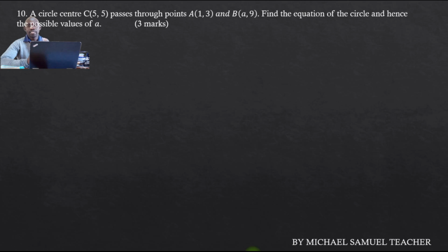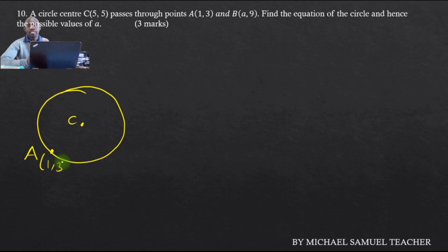The first thing, maybe I make a sketch of it. This is the circle, and then the center C. We have the center C, and also points on the circumference. We have point A here, which is (1, 3), the center is (5, 5), and then you have another point B, which is (a, 9). So C is the center.